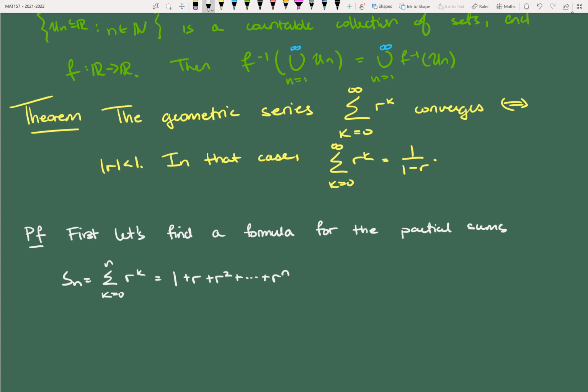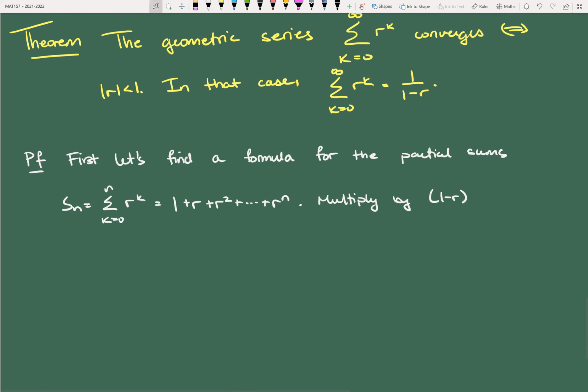Now the trick here is to multiply by 1 minus r. I'm going to write this out in a special way just to help you see what happens. I think you all could work this out, but something really cool happens here. If we do 1 minus r times S_n, let me write out the 1 part: 1 plus r plus r squared plus a couple more terms.